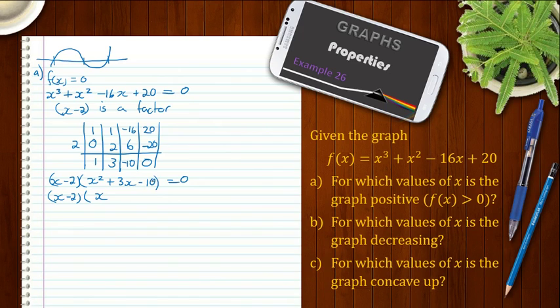So that's a bit easier, and a big relief that we don't have to use the quadratic formula again. So we have 2 times 5. So this is plus 5, and x minus 2 equal to 0. Right, so that means that x is equal to 2, or x is equal to minus 5, or x is equal to 2.